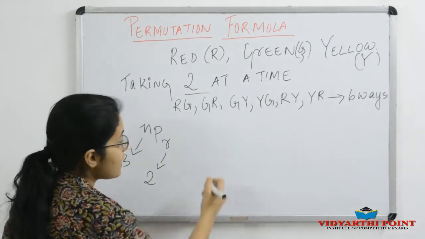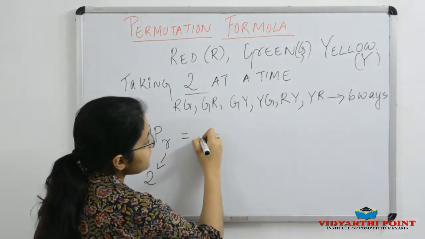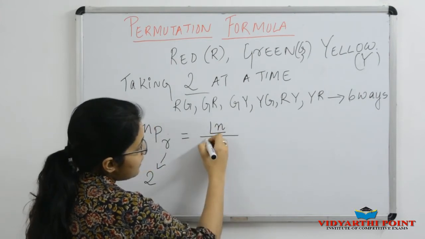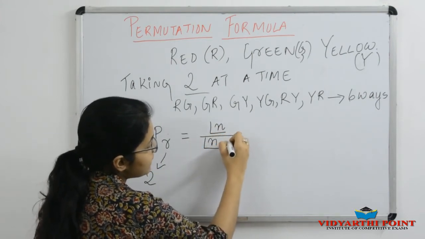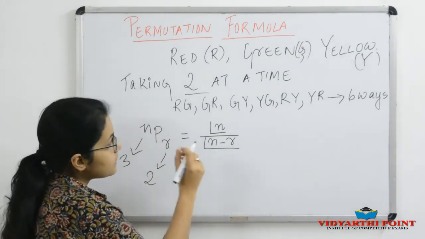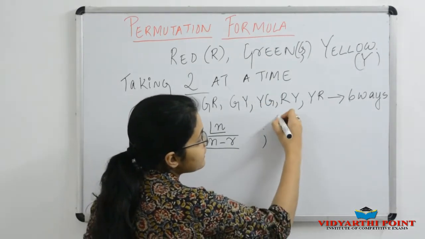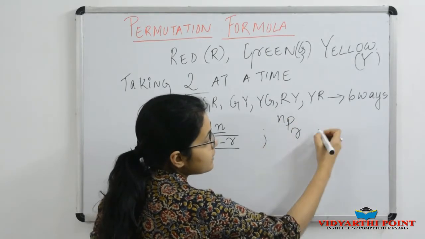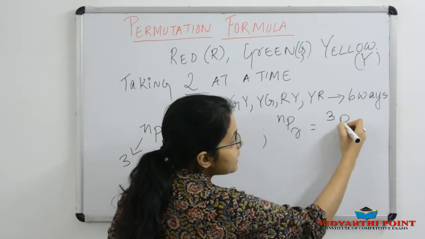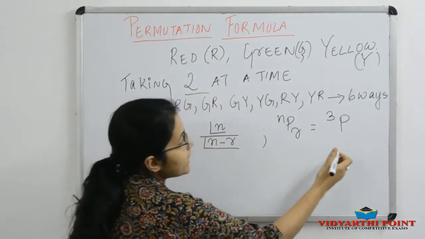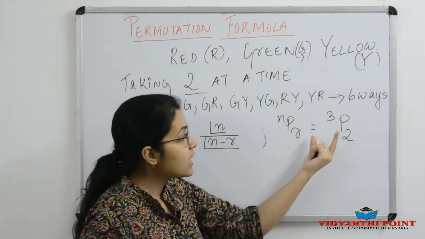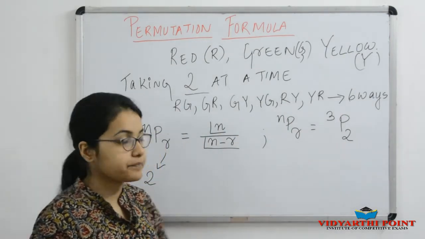So NPR will be factorial N divided by factorial N minus R. This is the formula of permutation. Here NPR is 3P2, where the total number of items is 3 and we take 2 at a time. That is, out of 3 balls you have to arrange taking 2 balls at a time.